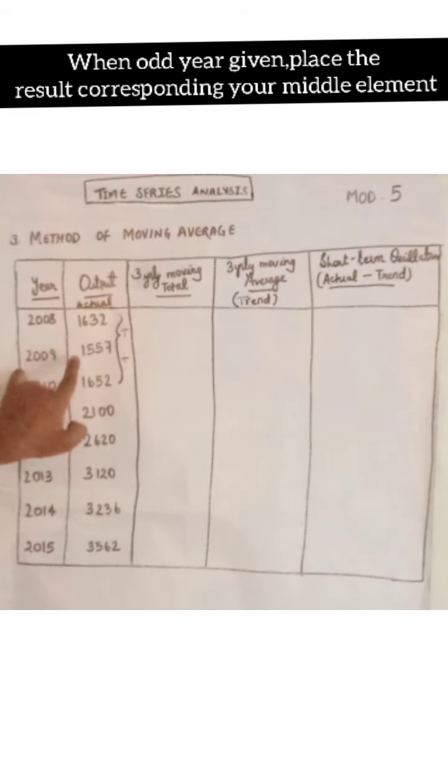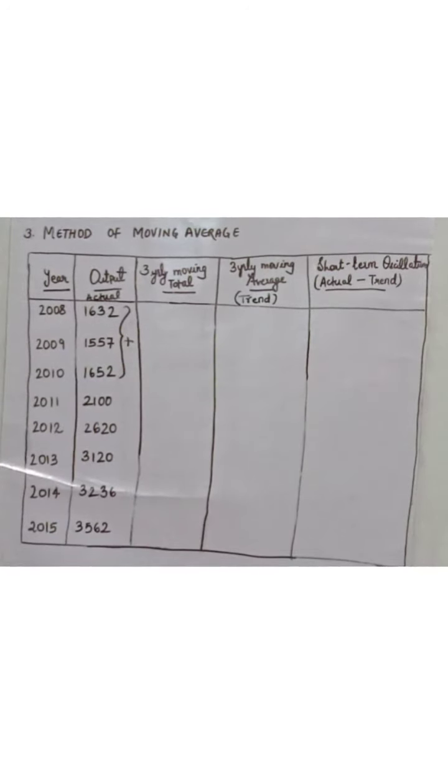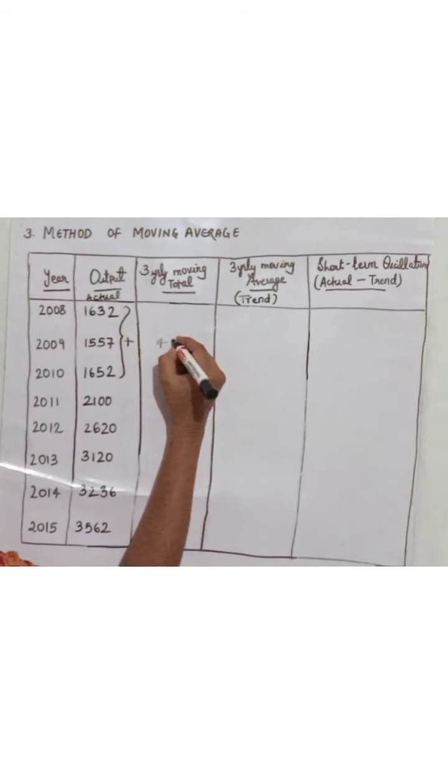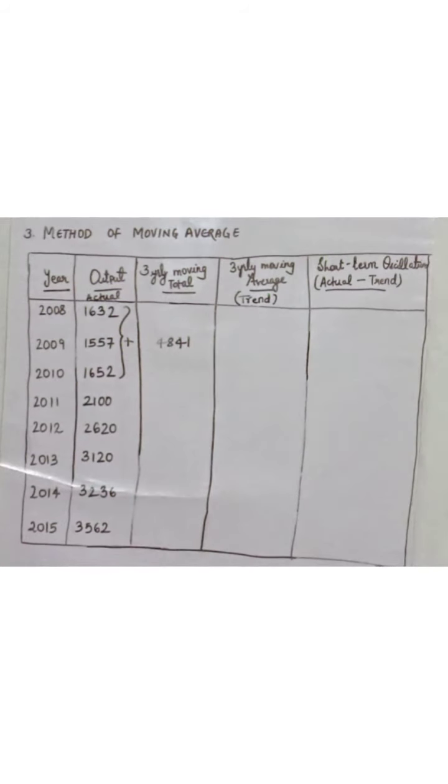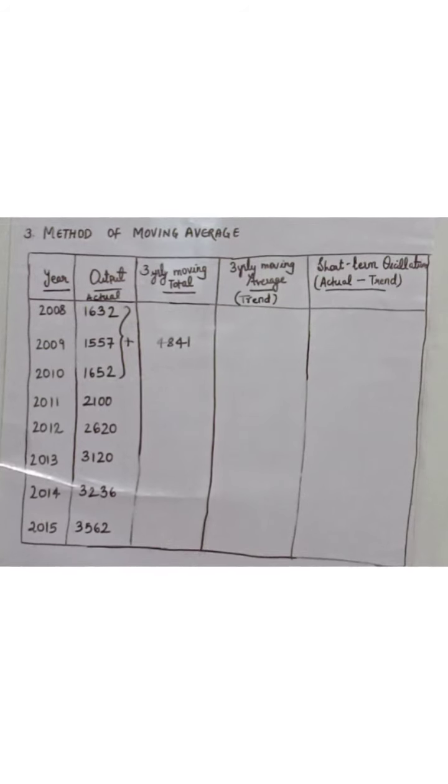So we are going to write the result of this addition, 4841, against it. This is common to all three, and since 3 is an odd number, we write the total in the middle element's corresponding column. So that is done.